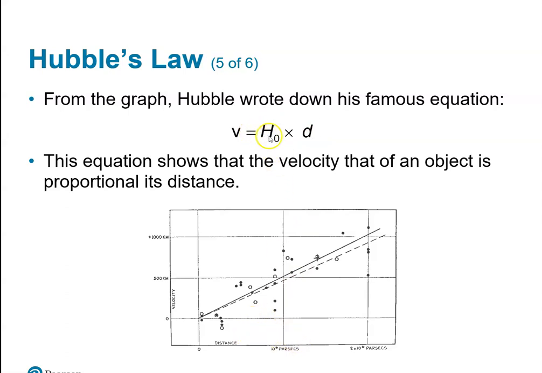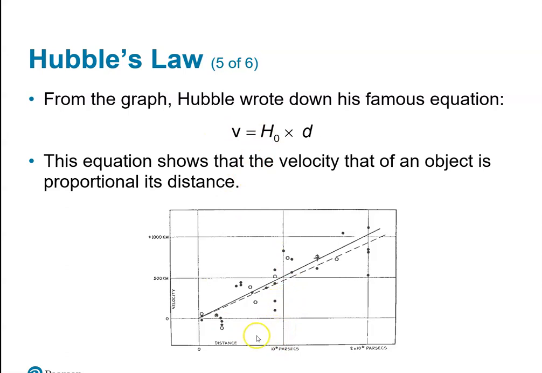The slope is called Hubble's constant. The modern value is about 70, somewhere between 70 and 71, and the units are kilometers per second per megaparsec, and I'll explain what those units mean.